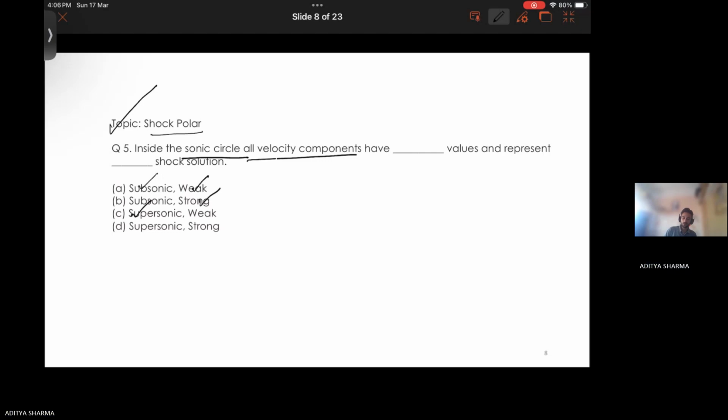The values either will be subsonic or supersonic values in the sonic circle. And they represent dash shock solution, so either it's a strong shock solution, where by strong shock the question means either a strong oblique shock solution or a weak oblique shock solution, right?